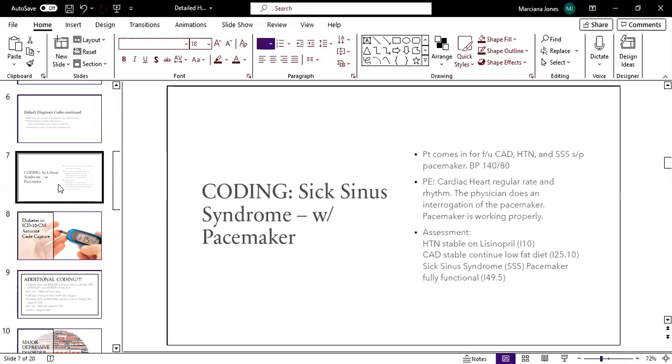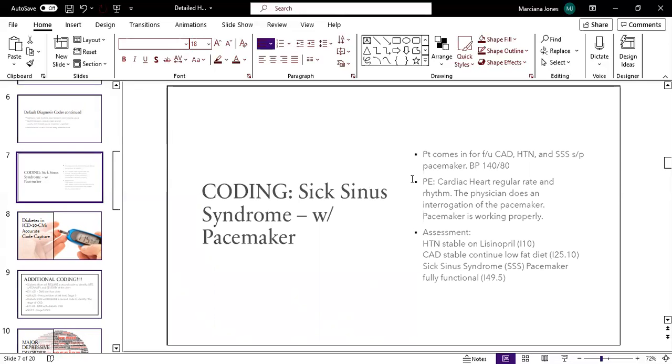So let's pretend we're coding a chart with sick sinus syndrome, and I'll show you one with the proper documentation, how it's supposed to look and what codes you're going to use. That's the point of this channel, to get you practicing coding so you can pass this exam, and so when you get certified, you'll already know a lot of things in addition to what you've learned in class.